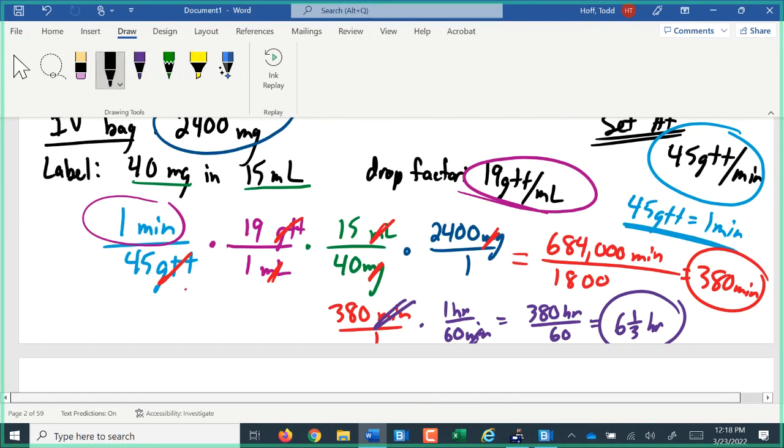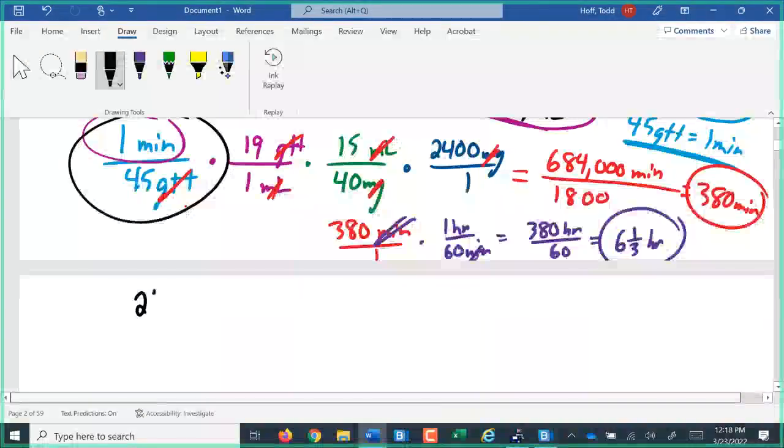Well, this is not the only way we could have completed this. I started with the 1 minute over 45 drops because I knew I needed time. So I wanted to start with something that had time on top. But we don't really have to do it that way. We could have started with the amount in the bag of 2,400 milligrams and just put that over 1 to make it a fraction.